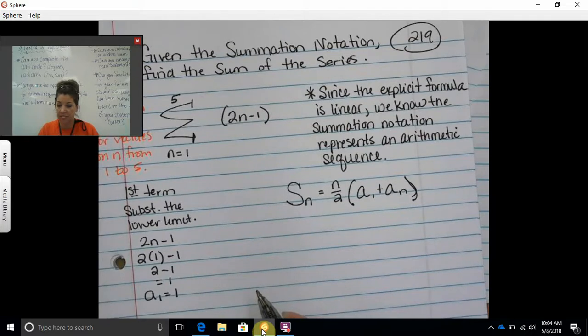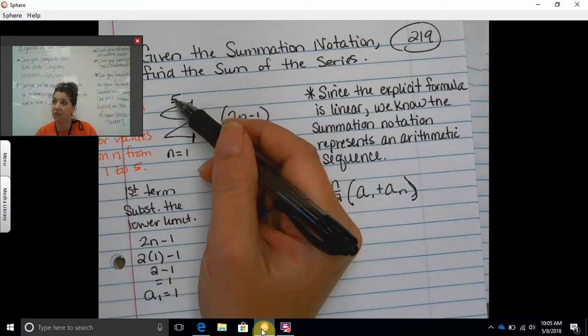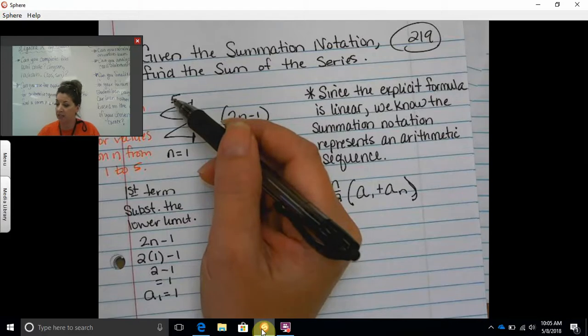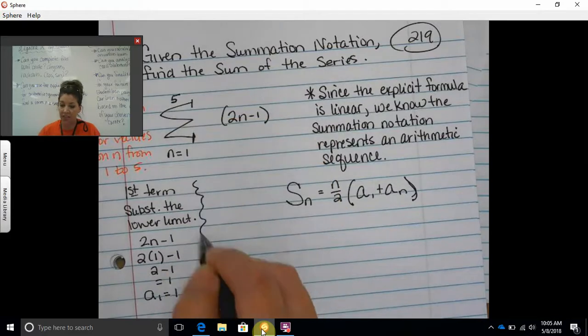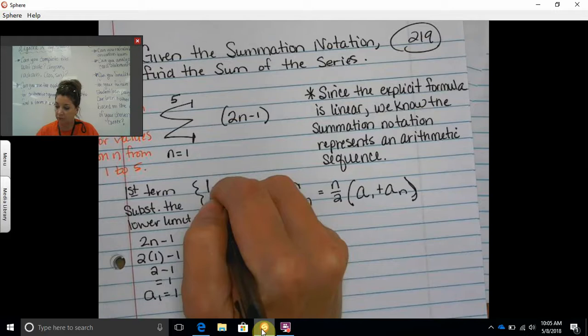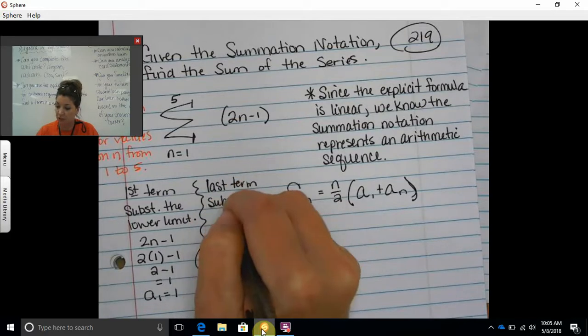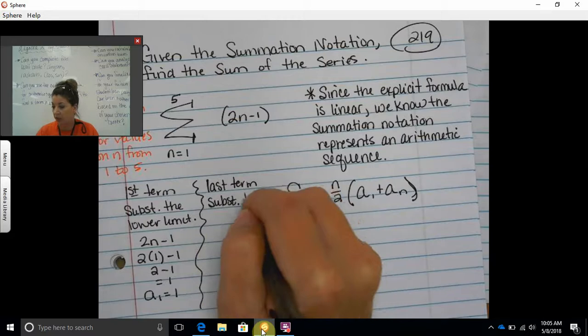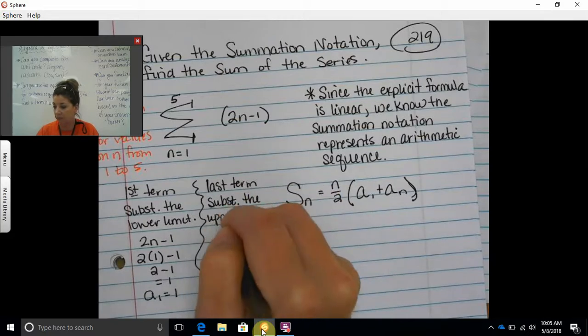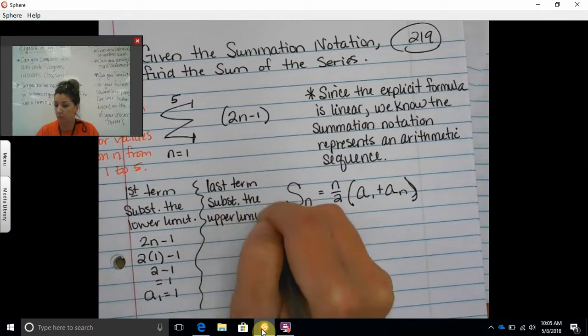For this arithmetic sequence, I need to know the last term. With my upper limit's 5, the fifth term is the last term, right? So to find the last term, I'll substitute the upper limit, which is 5.